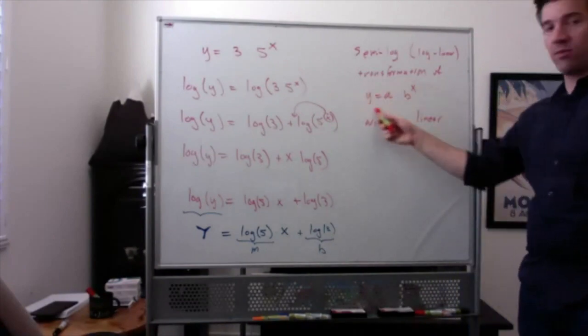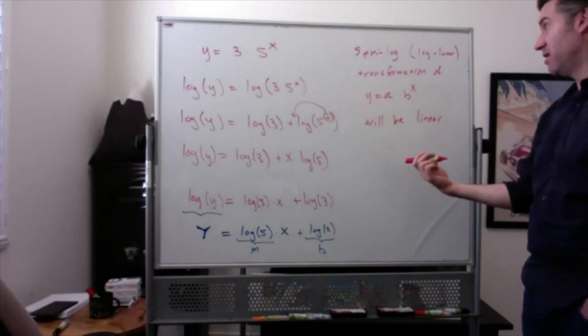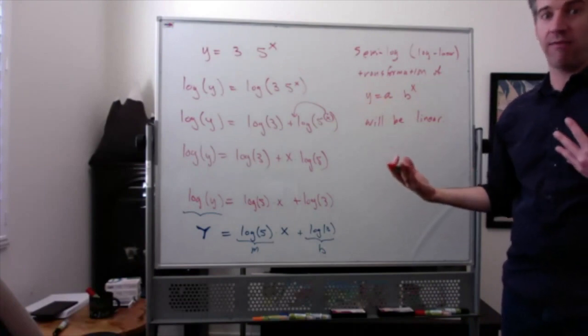So when you transform this in the way we just did, you end up getting a linear graph.